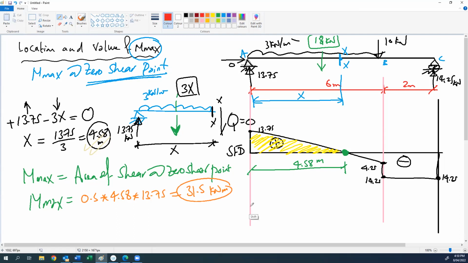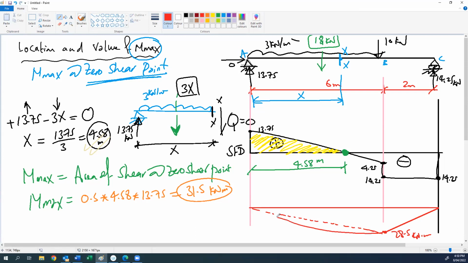So if we go back to the moment drawing, we have calculated this value as 28.5 kilonewton meter. We connect this part with a straight line. And the other part, we connect with a dotted line, and then we hang our parabola.